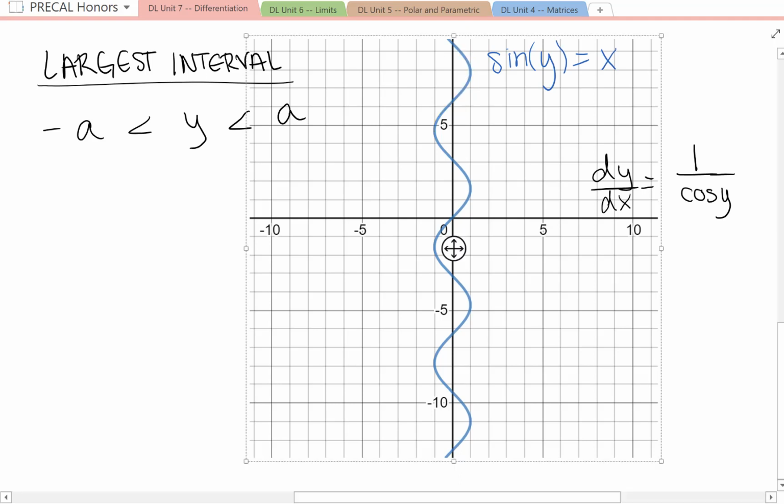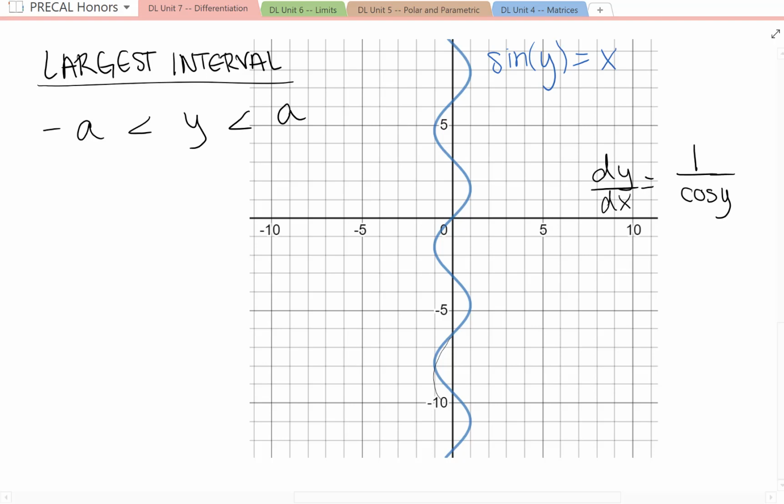Because it just keeps going on forever, we're going to choose the interval closest to the origin. And remember that it needs to be in this form, negative a to a, the restrictions for what y can be. So the interval around the origin is right about here.